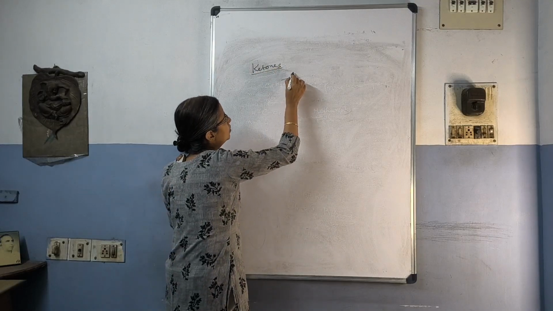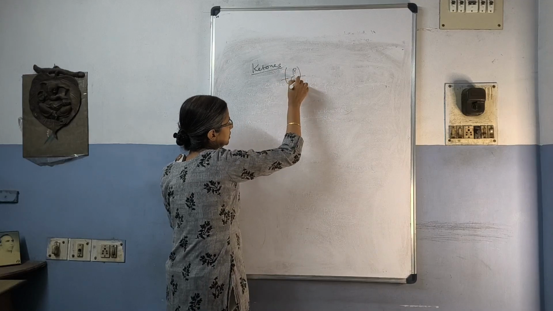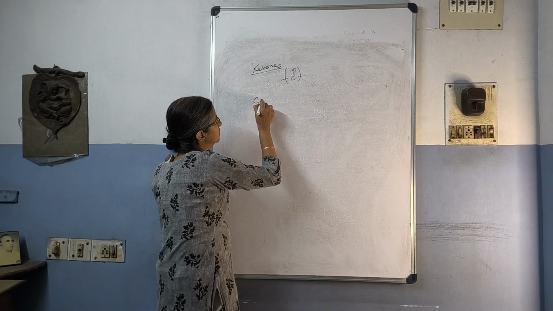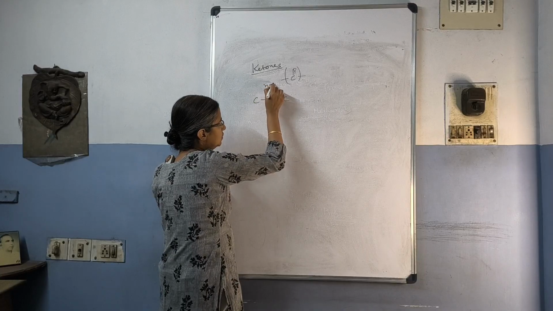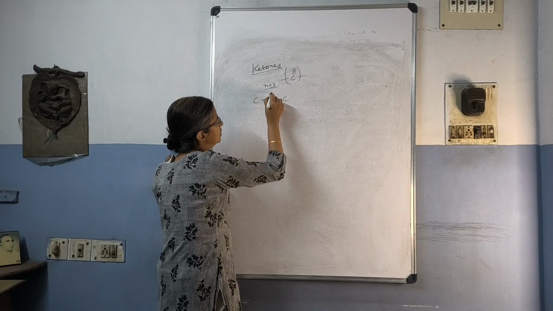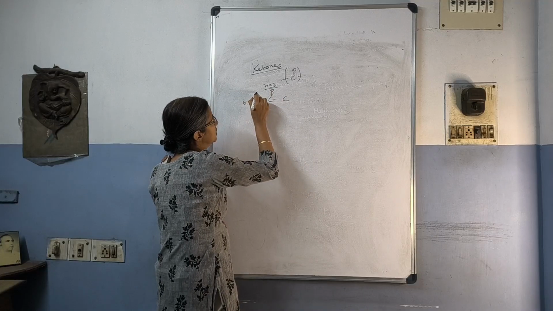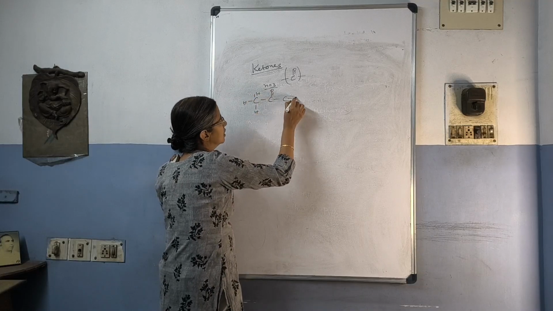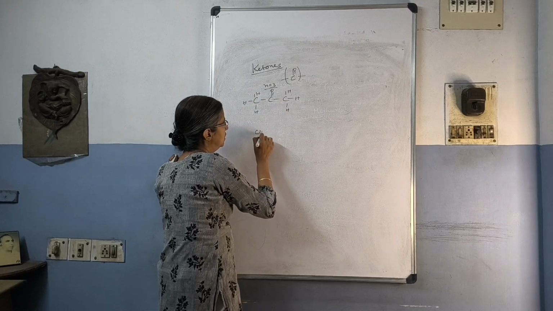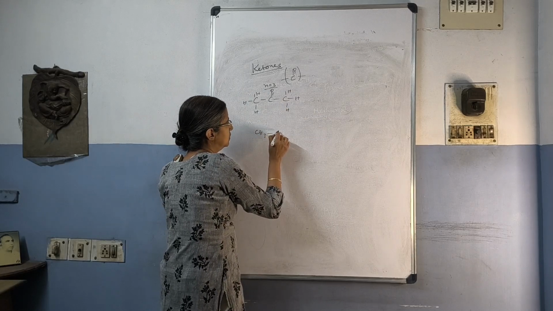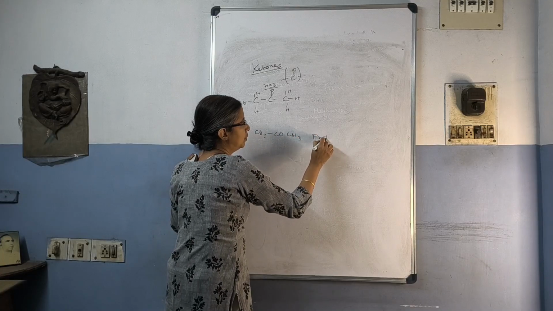The functional group is this. So it is C bond C bond C. It starts with n equal to 3. So the middle one is CO, and this is CH3 CO CH3. That is propanone.